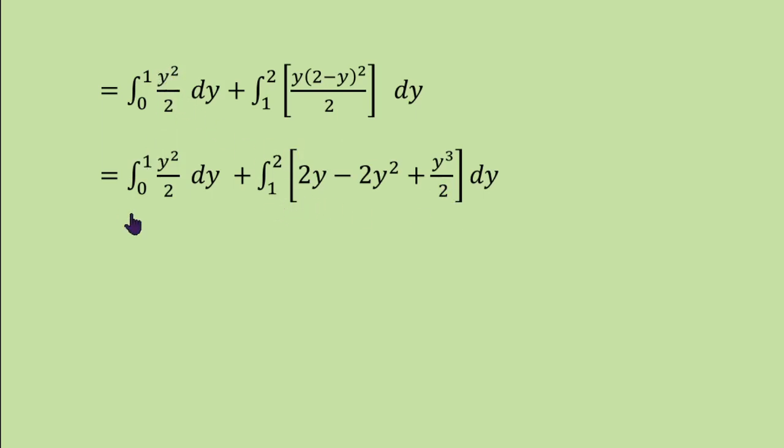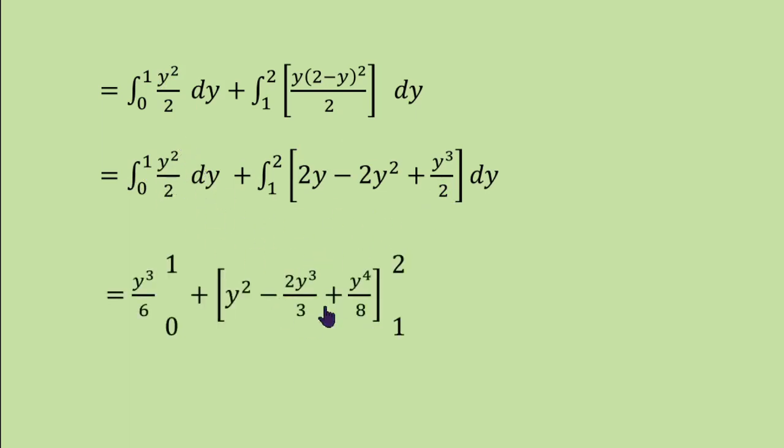Here y square by 2, limit is from 0 to 1. The integral of y square is y cube by 3, so 3 into 2 is 6: y cube by 6, limit from 0 to 1.